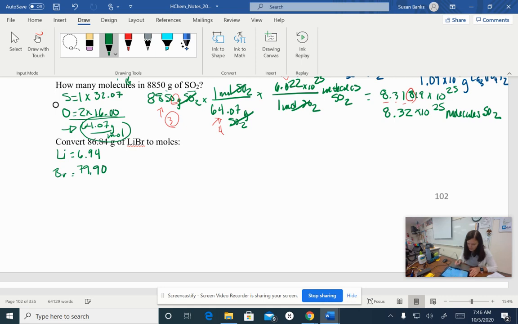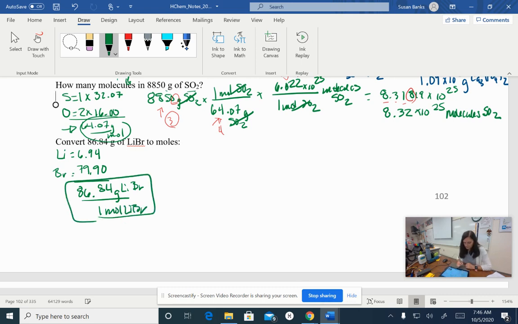I keep misspeaking. Okay, so when we add that up, we get a molar mass of 86.84 grams of lithium bromide in 1 mole of lithium bromide. Okay, so we're going to use that conversion factor.